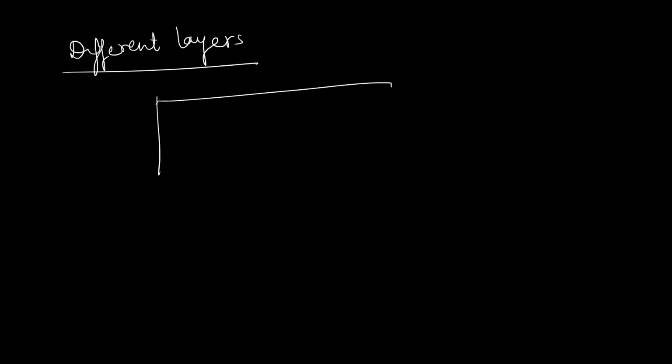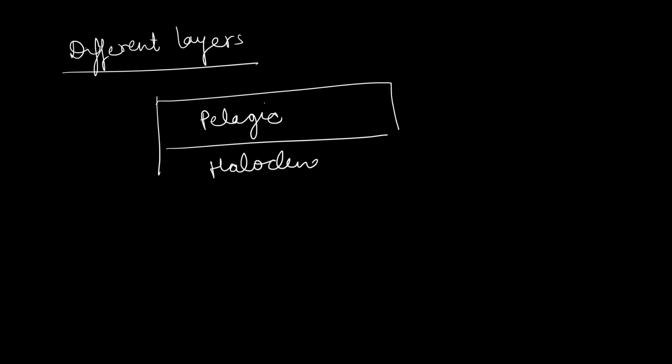Now the next one, we are going to see the different layers in the ocean. The first one is pelagic. The second one we have is halocline. The third one we have is benthic.